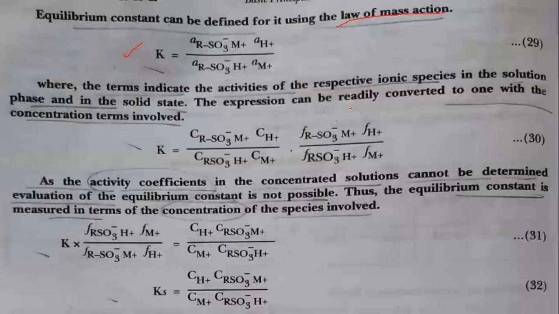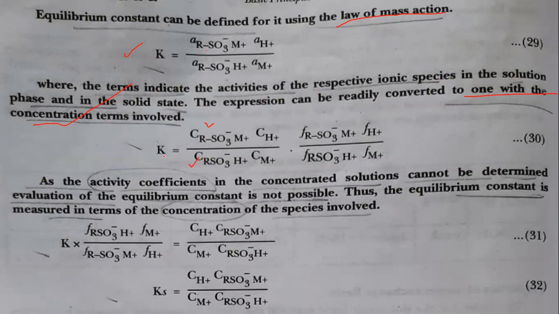The term indicates the activity of the respective ionic species in the solution phase and in the solid state. The expression can be readily converted to one with concentration terms involved.